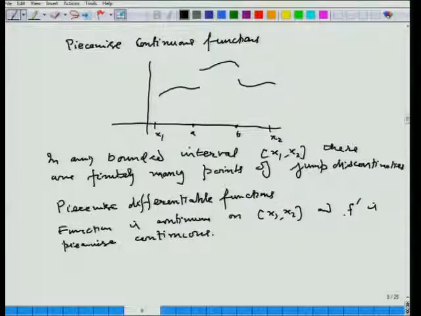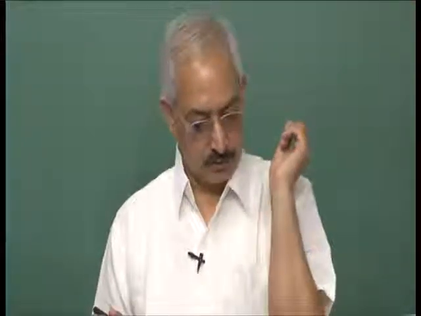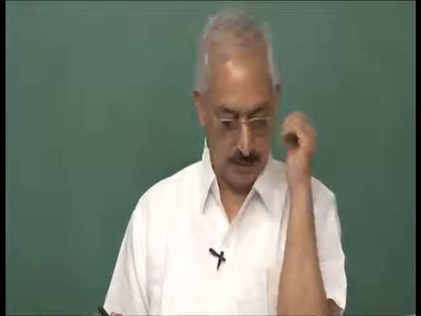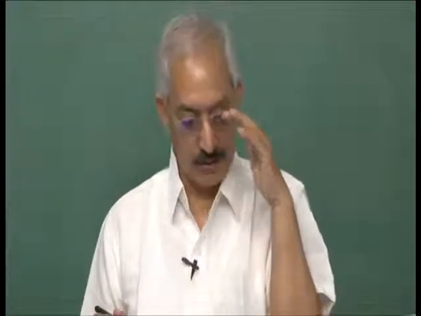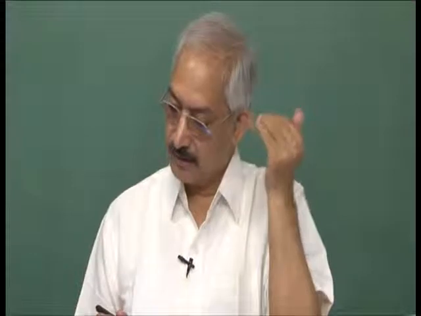So f prime has only jump discontinuities at finitely many points in the interval x1 to x2. Such a function is called piecewise differentiable if the function is continuous on x1 to x2 and f prime has a left derivative and right derivative existing at all points, and there are only finitely many points where they differ. It eliminates the case of points where the left derivative and right derivative are not equal.